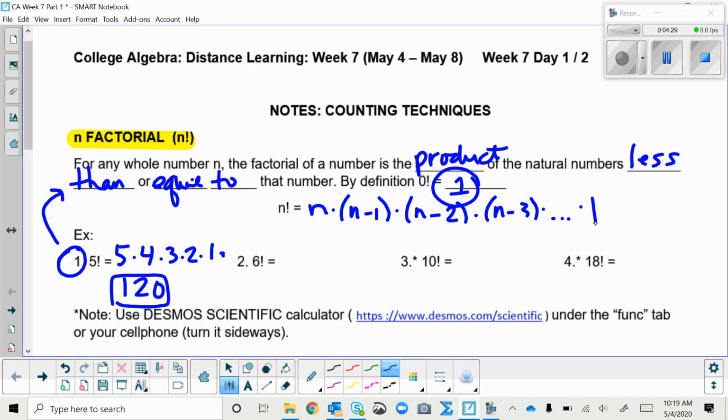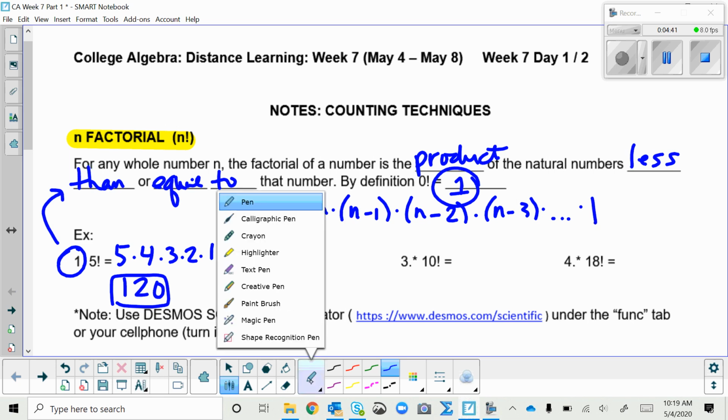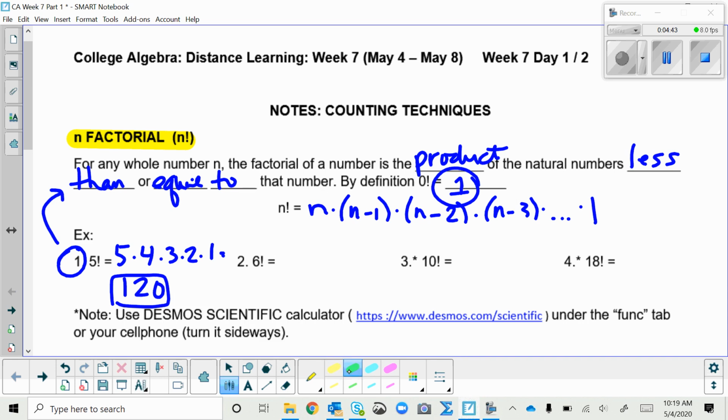So I want you to take a minute and pause the video and try numbers 2, 3, and 4 on your own. You'll notice that 3 and 4, you're starting with pretty big numbers. So to handle those, you probably don't want to multiply them in your head or by hand.